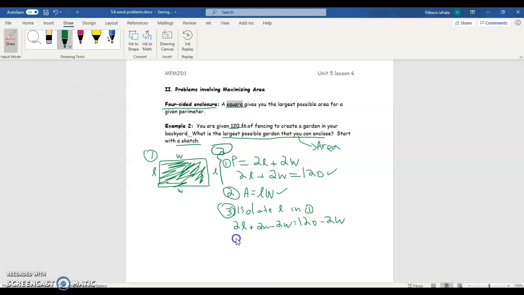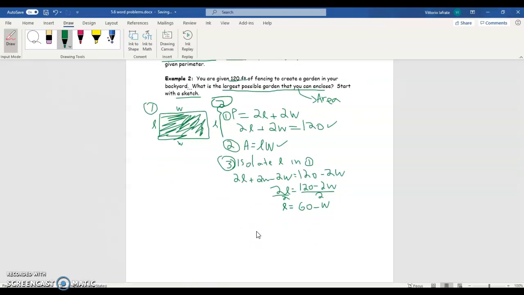And so I get 2L equals 120 minus 2W, and then I can divide by 2 on both sides. The result is L equals 120 divided by 2, which is 60, minus 2W divided by 2, which is W. So L equals 60 minus W.